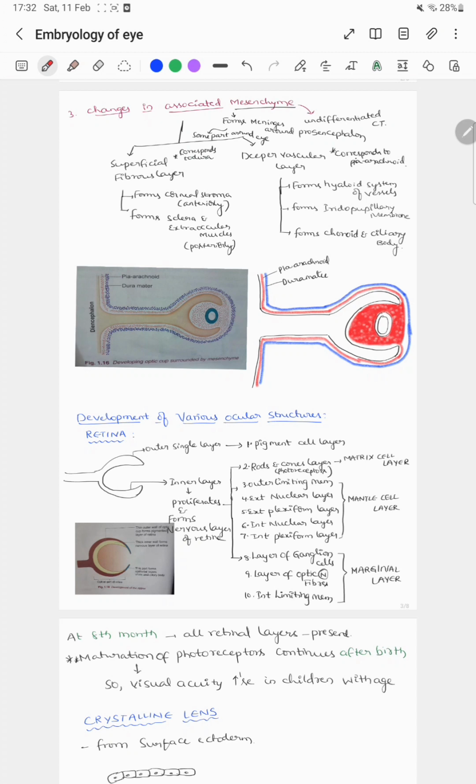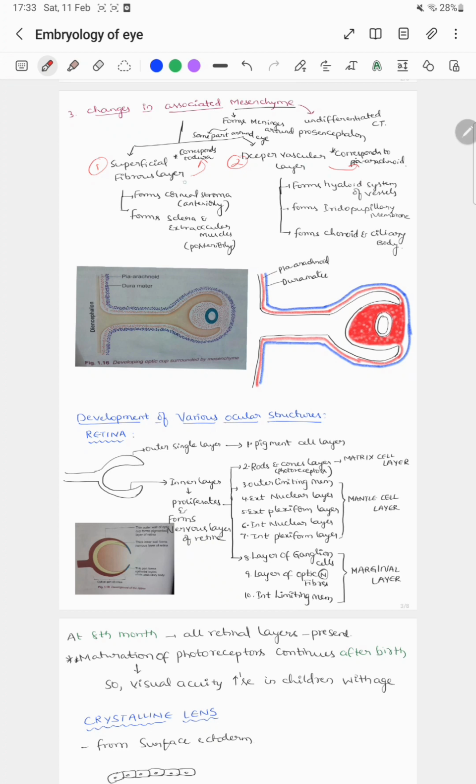Let's see changes in the associated mesenchyme surrounding the optic vesicle. Generally, it forms meninges around the brain, and some part of that mesenchyme surrounds the eye globe. It has two parts, a superficial fibrous layer and a deeper vascular layer. The fibrous layer corresponds to dura and the vascular layer corresponds to the pia arachnoid membrane.